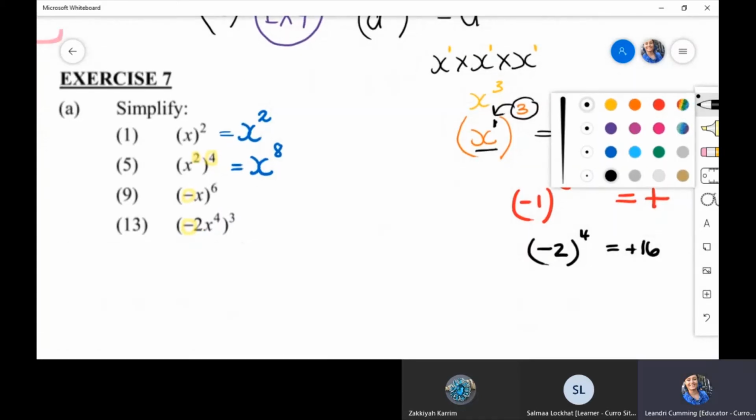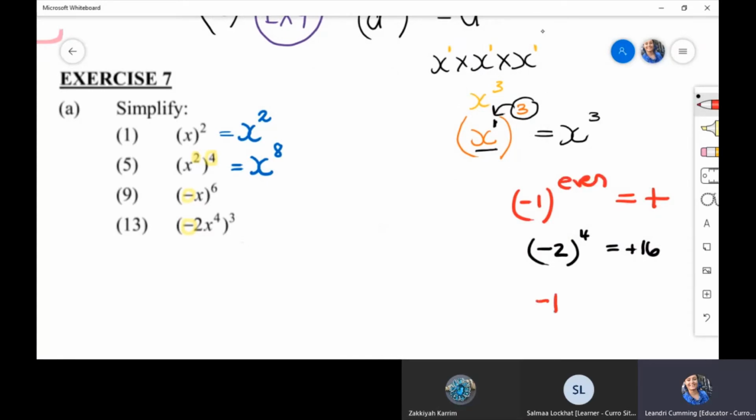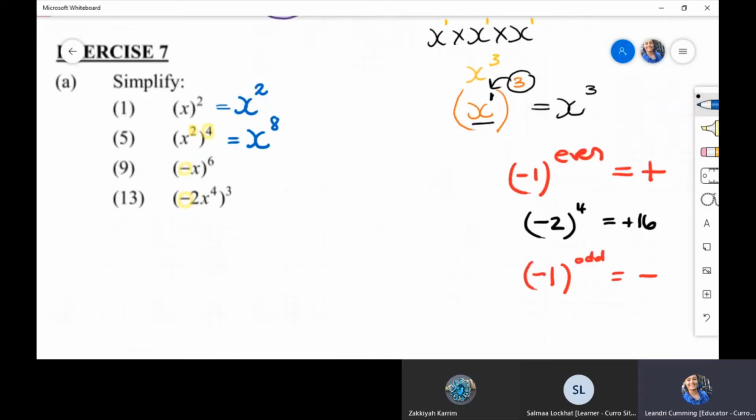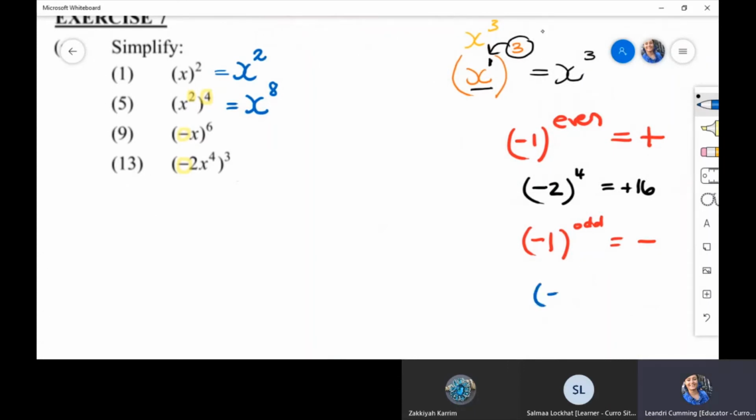The other one is when we have a negative something to the power of an odd value, our answer would be negative. Let's give an example of that. Minus 2 to the power of 3. Minus 2 times minus 2 times minus 2 gives me an odd number of minuses, which then results in a negative 8.